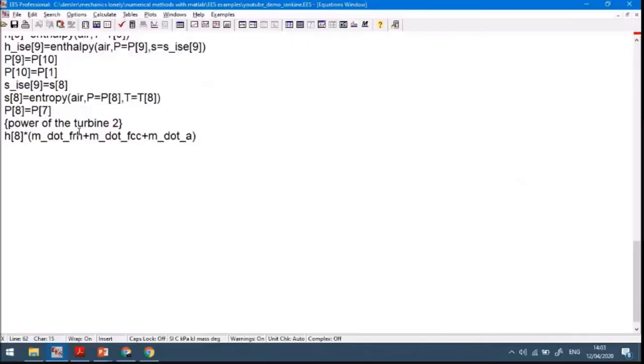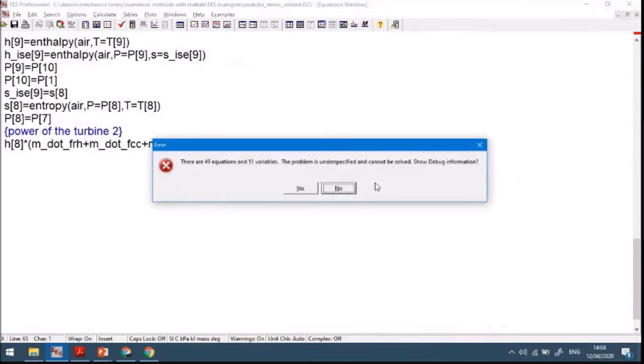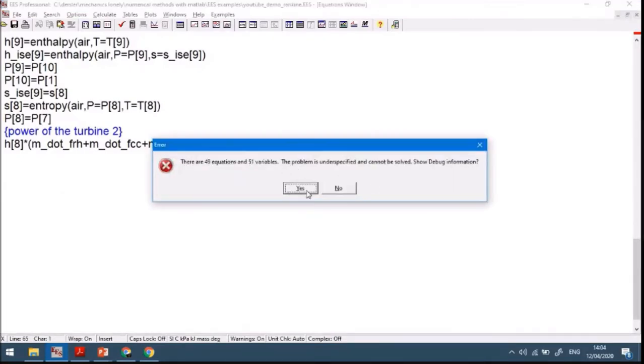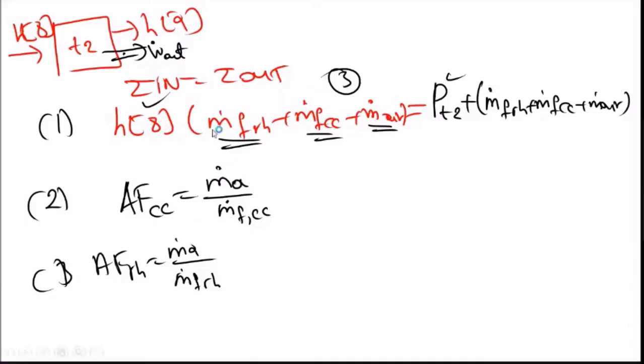This one will be equal to the same stuff, at 9. We should enter the unknowns here. It says two unknowns. Why does it say two unknowns? Because we have the equation, but two unknowns are there, because this equation can solve for air or any of it. So let's write it.